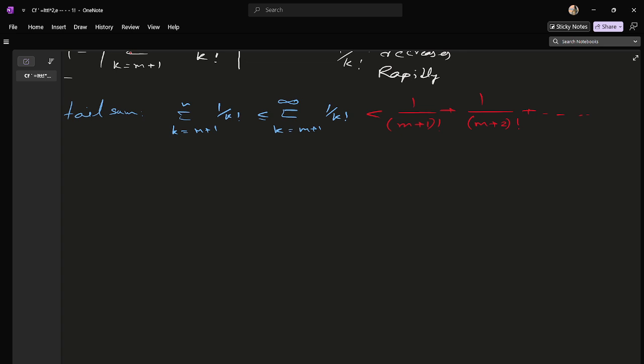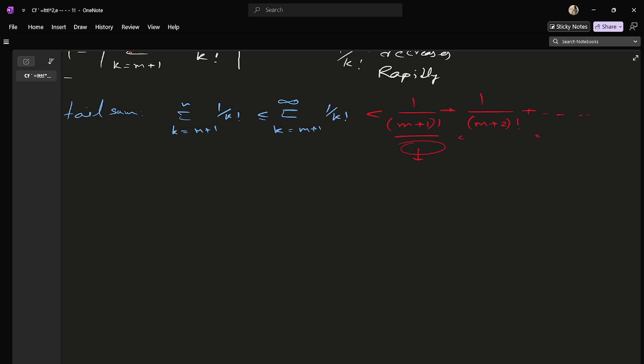Now for large m, the dominant term is this one, and the other terms are lesser and lesser. So the rest of the terms are negligible due to the rapid factorial growth.